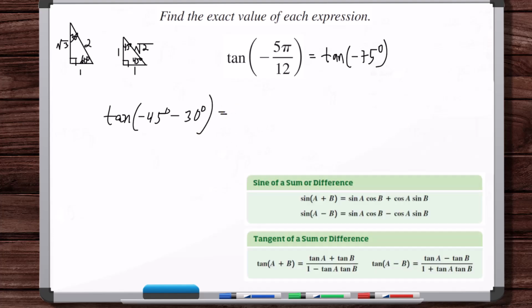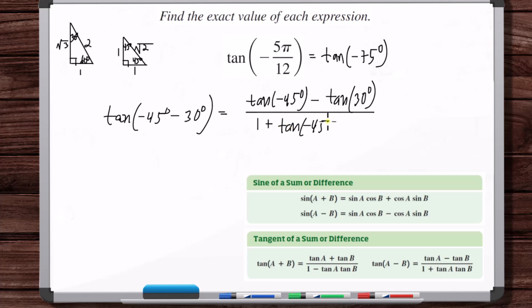Okay, the difference formula for tangent: we've got tangent of A, so that's tangent of minus 45 minus tangent of B, but that's just tangent of 30. We're using the difference formula. And then 1 plus tangent of minus 45 times tangent of 30.